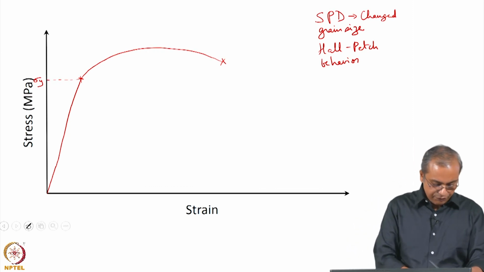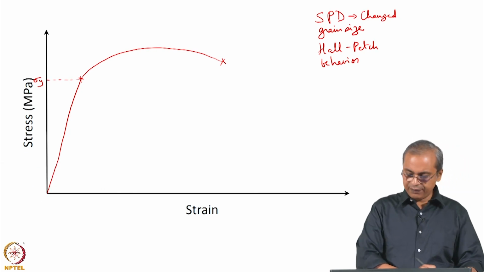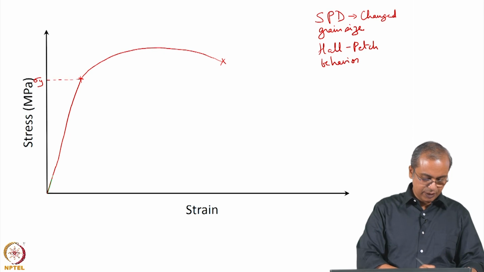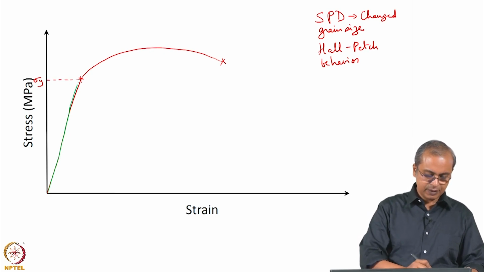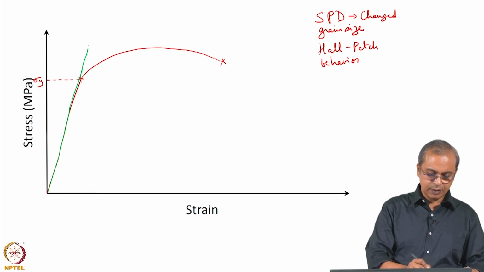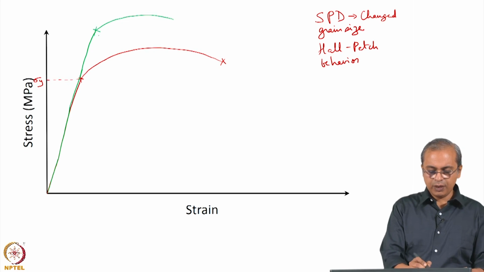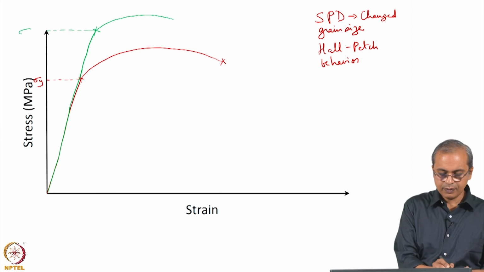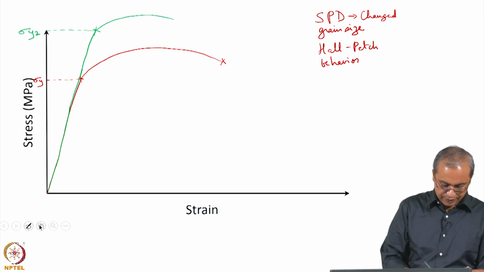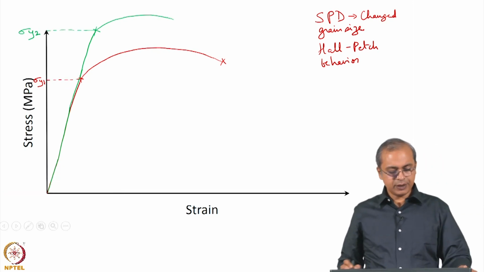So, if the system is following Hall-Petch behavior, then after you have done severe plastic deformation, you will see its behavior look like this, and something like that, right. So, now its yield strength will be like this. If we call the original one sigma y1, it now becomes sigma y2. So, it has gone up.